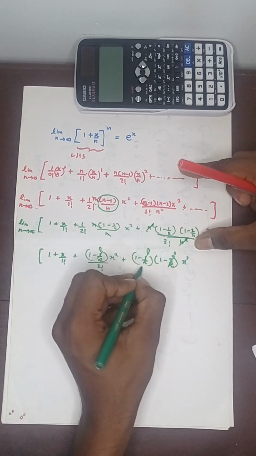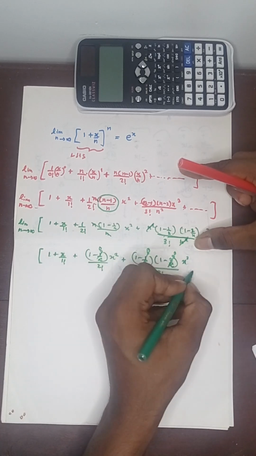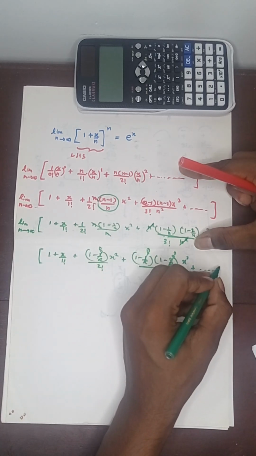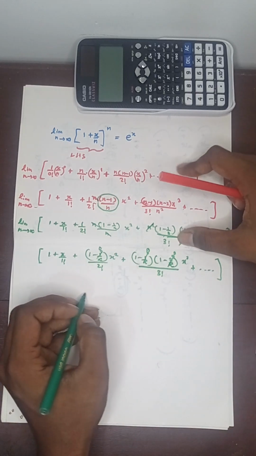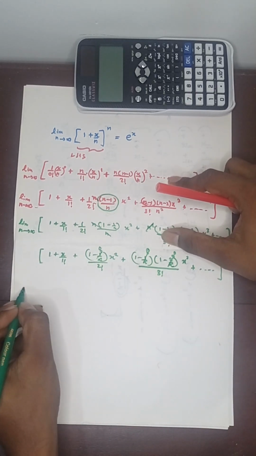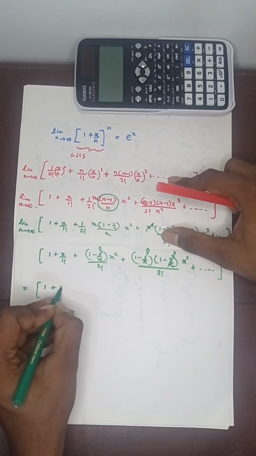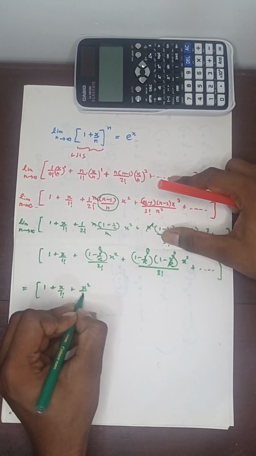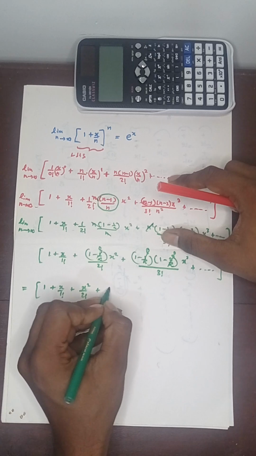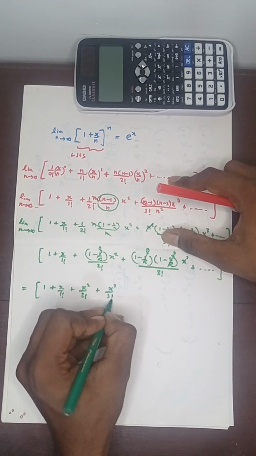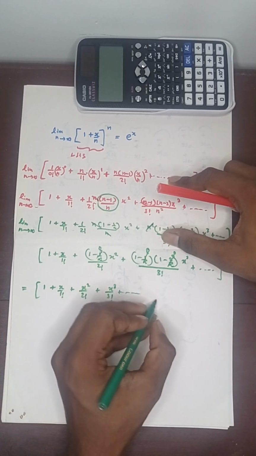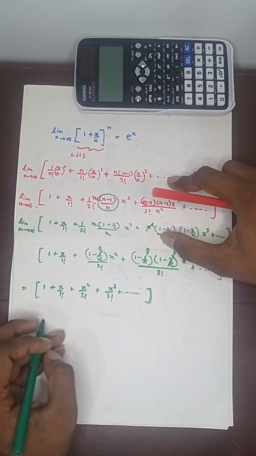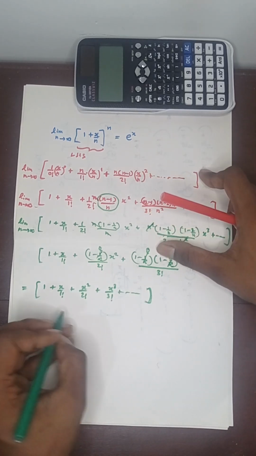Similarly, everything is going to converge to 0. There is no point of putting those parts, and for the rest we get the answer: 1 plus x over factorial 1 plus x squared over factorial 2 plus x cubed over factorial 3, like this, an infinite series. These are the Maclaurin series of e to the power x.